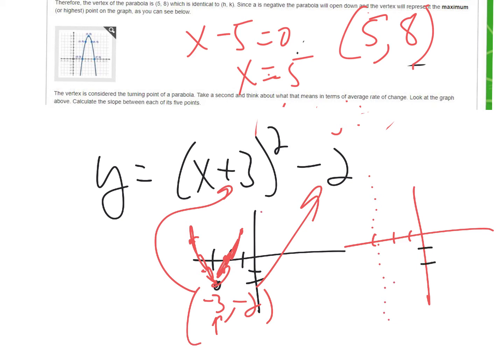See how it's on the vertex? And the y coordinate of the vertex, I knew it was going to be negative 2, but that way I knew where it was. I didn't have to do a lot of work with that. So x equals negative 3 is the line of symmetry.